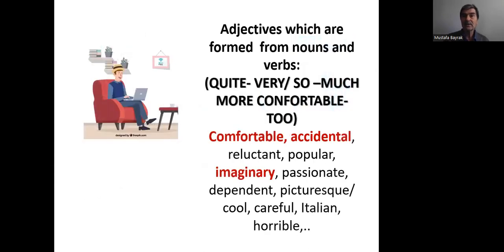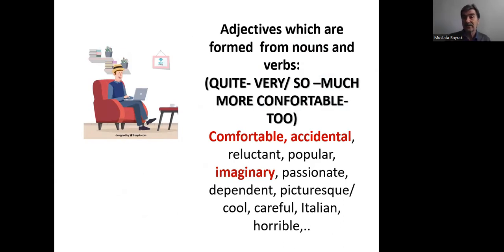Okay. Adjectives which are formed from nouns and verbs. For example, comfort, comfortable. Yes. Accidental, reluctant, popular. Okay, imaginary, imagine is a verb, for example. Imaginary is an adjective.